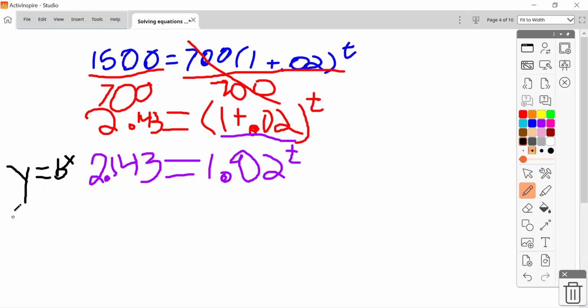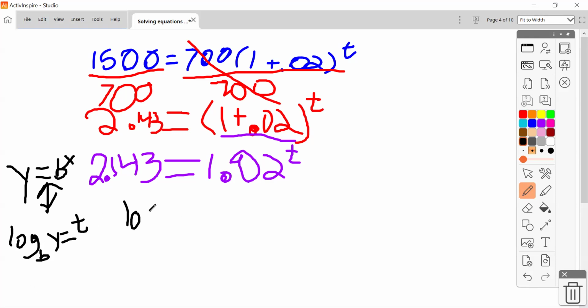So if I turn that into a log, log base b of y equals t. 1.02 is going to be the base of the log.